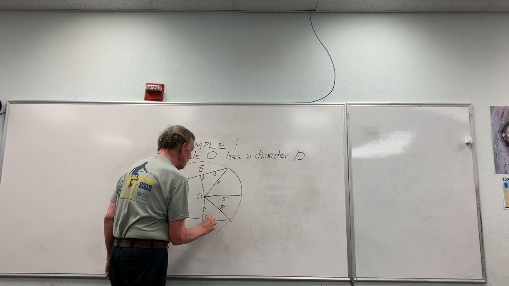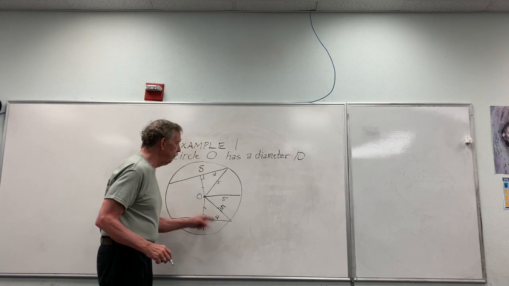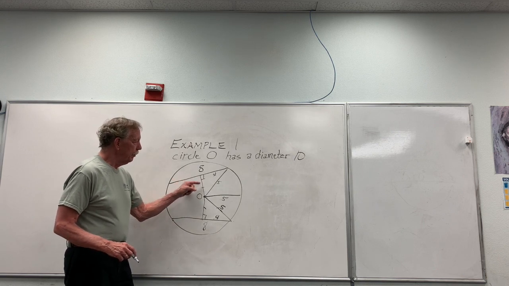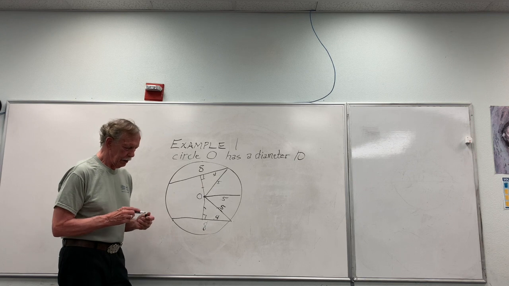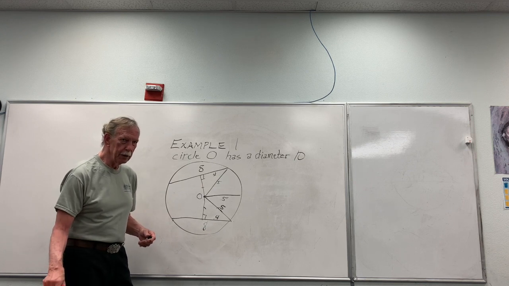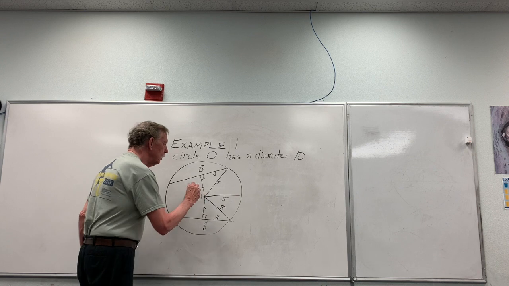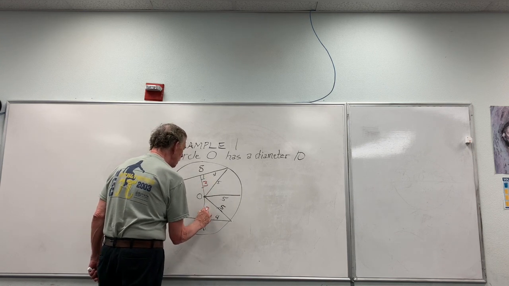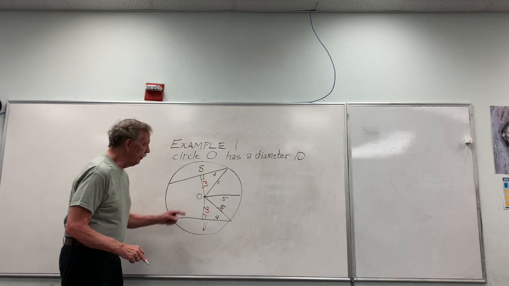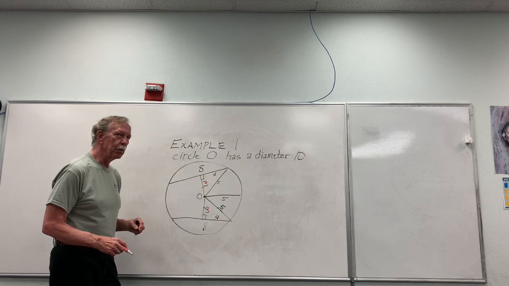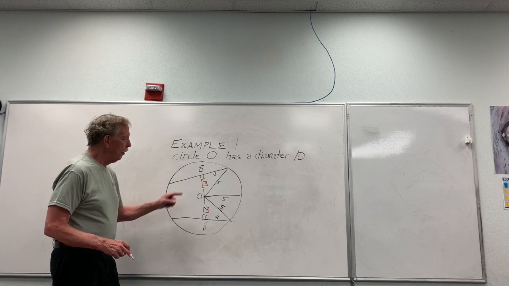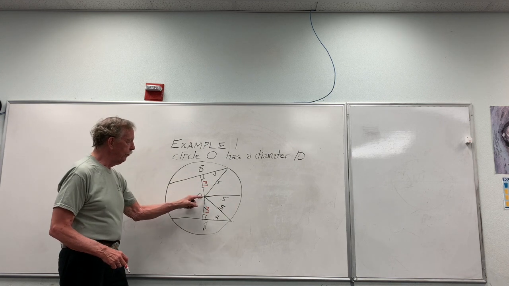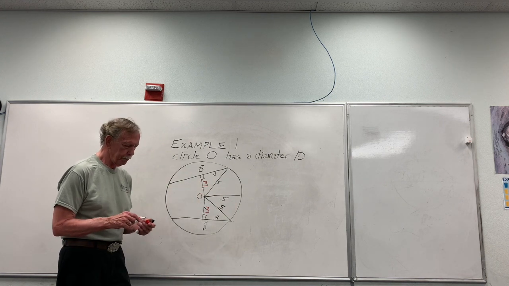So each one of these pieces is half of 8. This piece here, you better know this Pythagorean triple, is going to be 3. That's a 3, 4, 5 right triangle. These chords, both 8, are both 3 from the center.